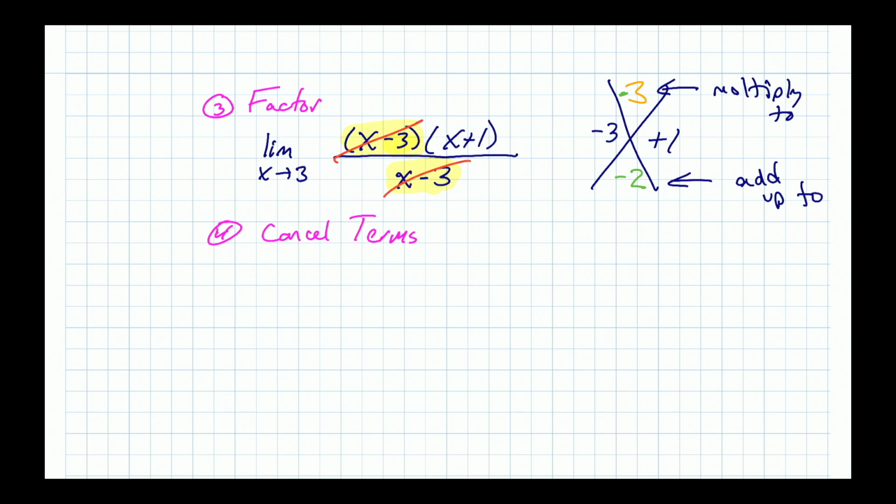When you do that, you're going to get the limit as x goes to 3 of, well, what do we have left? The denominator canceled, right? So it's just x plus 1 over 1 if you even want to write the denominator. And then your last step, after you cancel, should just be plugging in x equals 3.